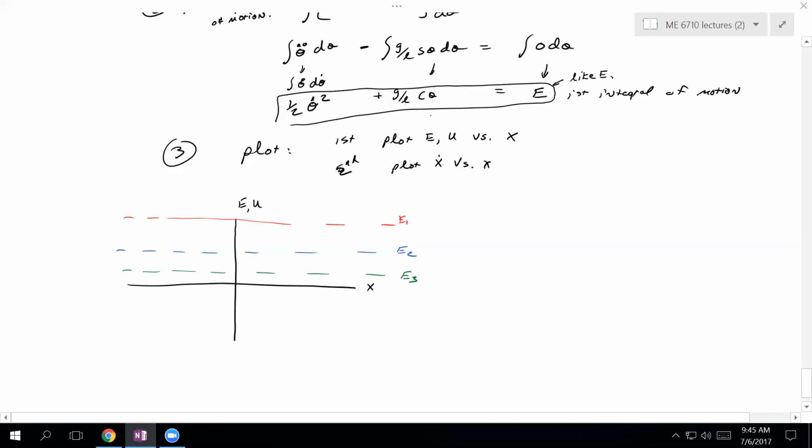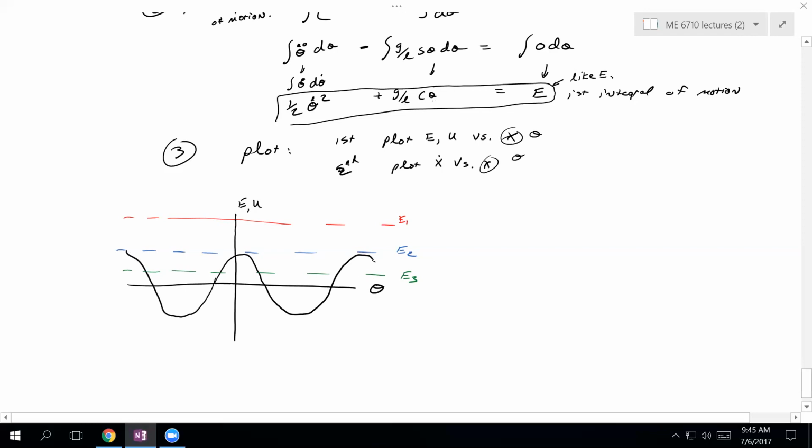So what's that going to look like? Well, constant times cos theta, or not X, my bad, theta. So I need to plot some constant times the cosine of theta, and it's going to be something like this: up, down, up, down.